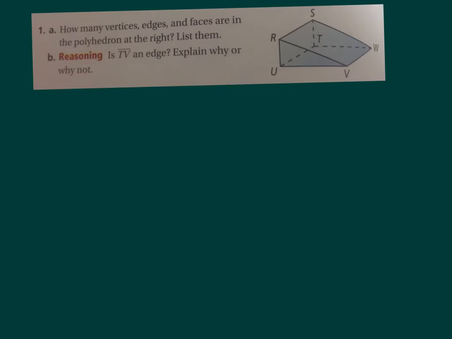So you may get a problem like this where it asks you how many vertices, edges, and faces are in the polyhedron. So looking at vertices, these are really these corners. So S, W, V, U, R, and T back there.